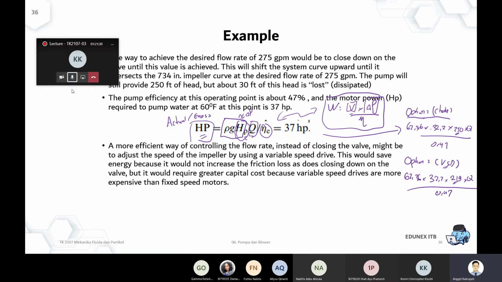Okay, if that's it, then I think this is the end of this slide, the pump and blower, and we still have around 30 minutes at most to have an introduction for the compressor.